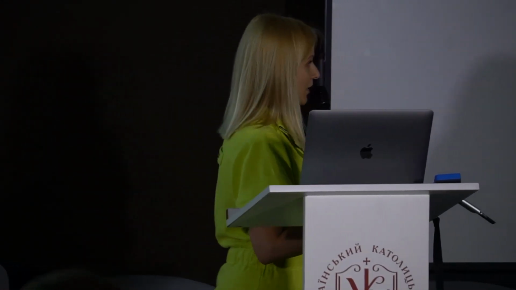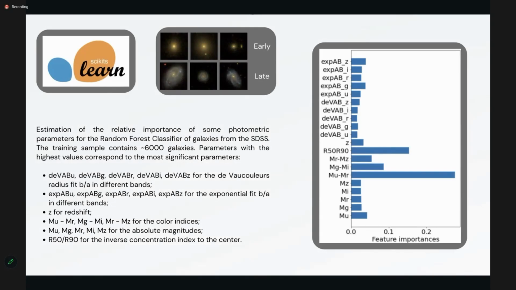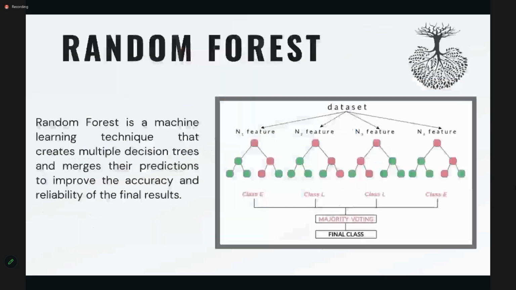In our case, we use a training sample of 6,000 galaxies, and using feature importance, we identified that exponential radius, de Vaucouleurs radius, redshift, inverse concentration index to the center, different color indexes, and absolute stellar magnitude are very important for classification of the galaxy.